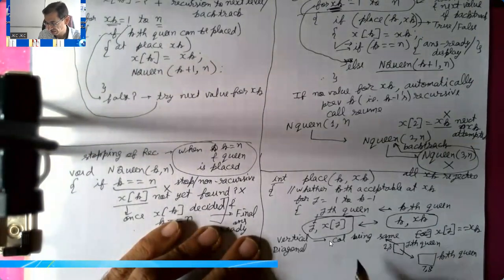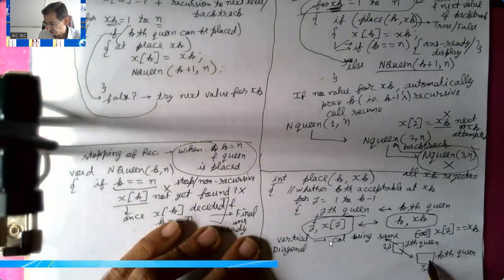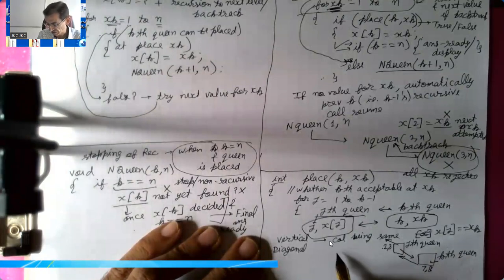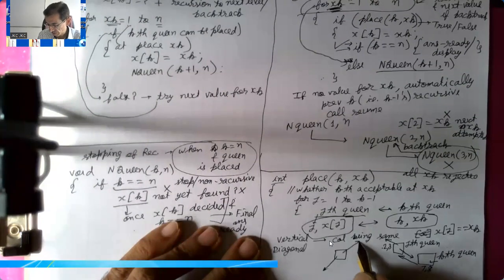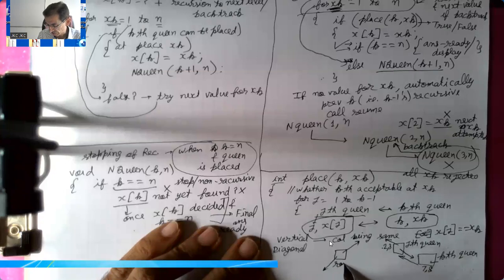Similarly, on the upper side, if this was the current queen and I have an attack upwards, it will mean 7 minus 2 versus 8 minus 3, the same. But for the reverse diagonal, on this side, rows increase here but columns decrease by the same number, and the other side vice versa.